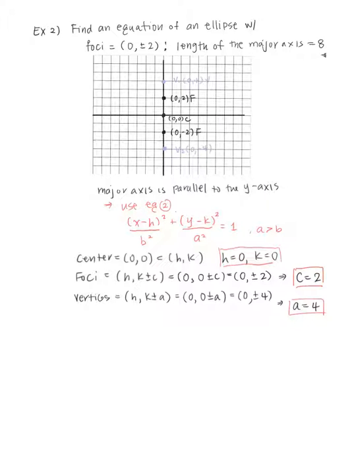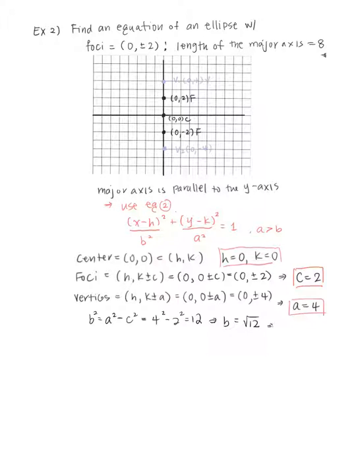Now what else do we need? b. Alright, so let's go with b squared equals a squared minus c squared, which is 4 squared minus 2 squared, which is 12. So that implies that our value of b is going to be the square root of 12.